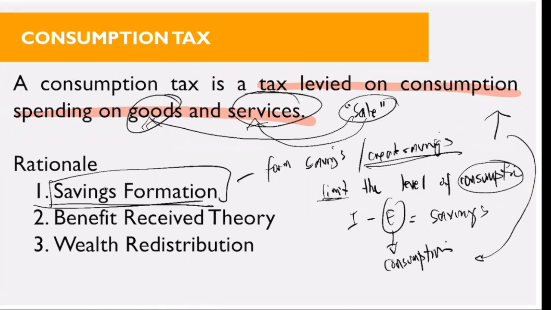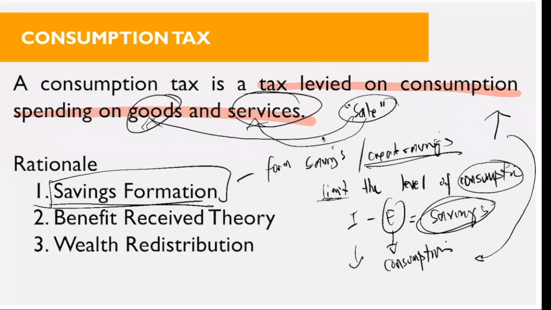By increasing the cost of your consumption, maybe the buyer will not make another consumption. By that, we limit the consumption. If our expenses are limited, we have lower expenses, and our savings will increase. So a consumption tax helps in forming additional savings.